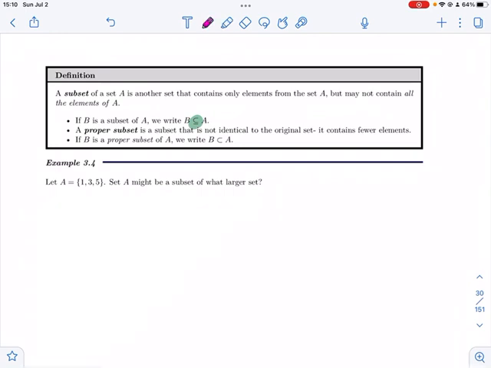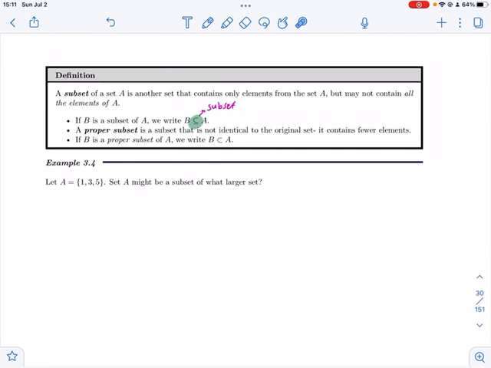And as you can see here, we have an equal sign. We use it if we are not sure if B is all elements of A, because any set is a subset of itself. Sometimes we write a proper subset. We don't want to write the equal sign here, so we call it a proper subset.